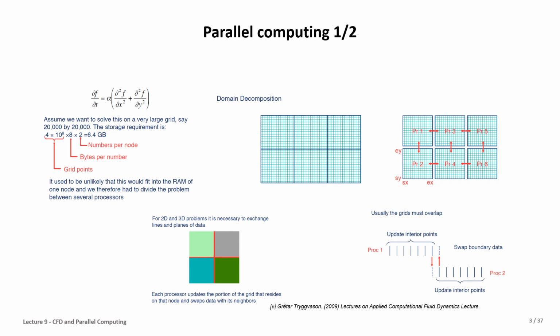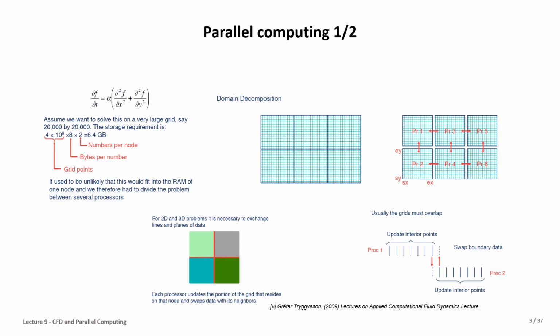Regarding the memory, if we want to solve this type of problem with a very large grid, say in 2 dimensions 20,000 by 20,000, the storage requirement will be 6.4 gigabytes. You can see how it's calculated: we have the grid points, bytes per number, and numbers per node.